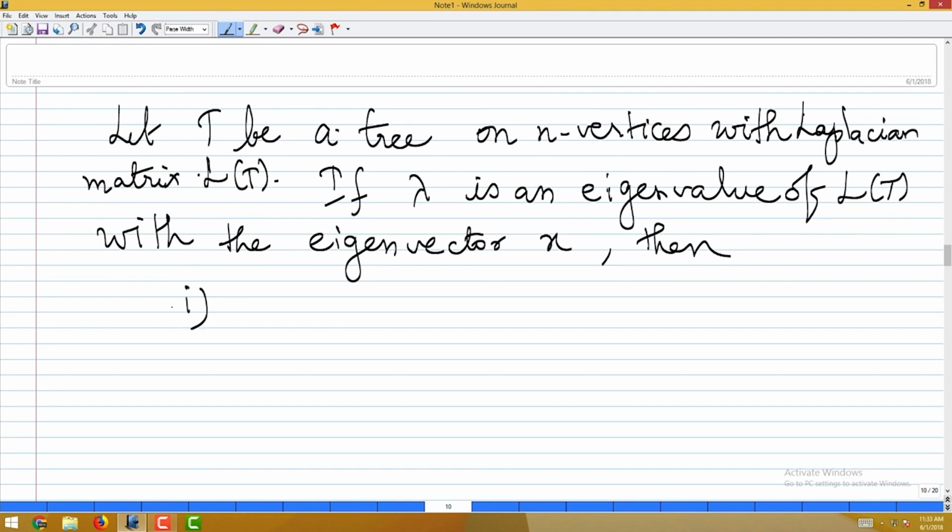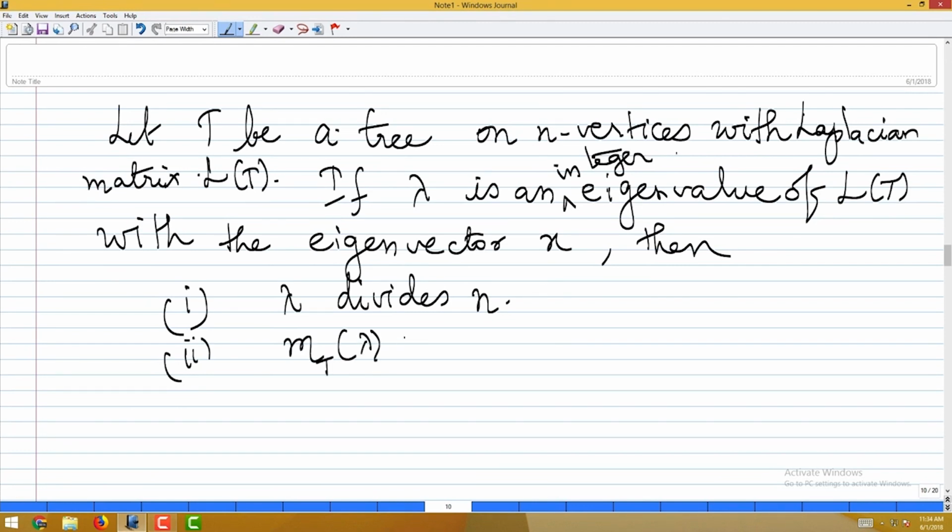Then the first statement is that if lambda is an integer eigenvalue, then lambda divides n. Okay, if it is an integer, there can be non-integer real values also. So, we are only talking about integers, and the multiplicity of this eigenvalue is going to be equal to 1.